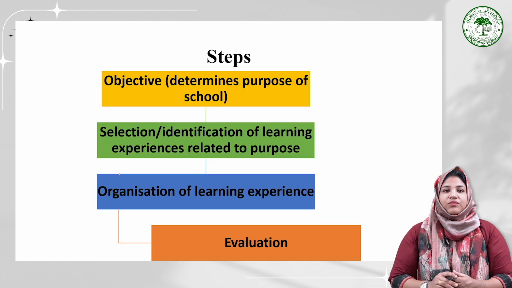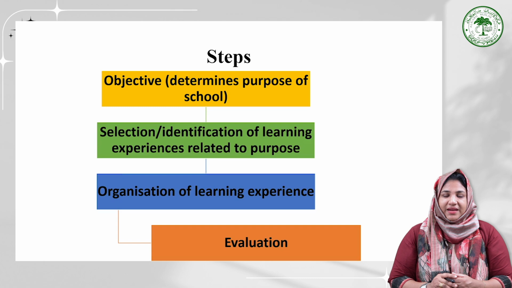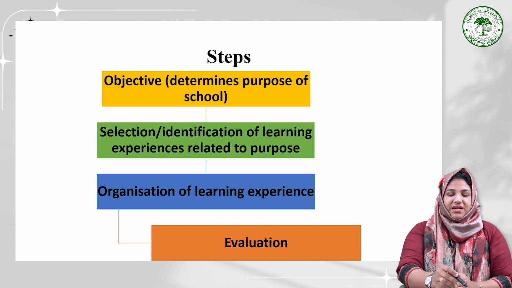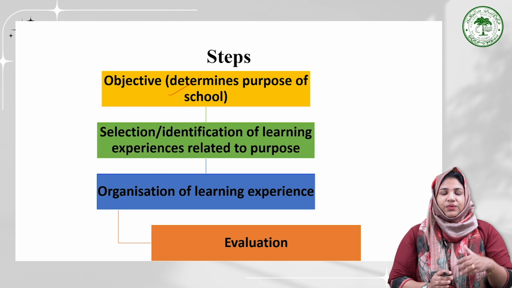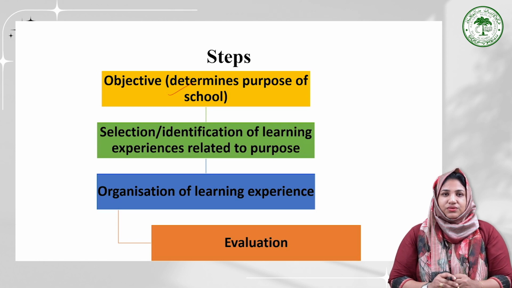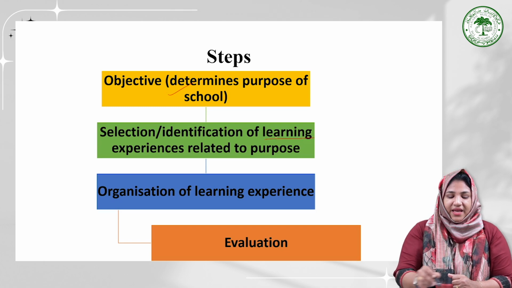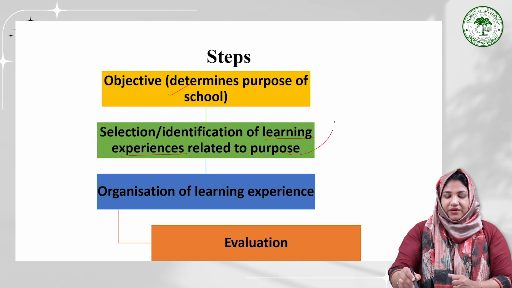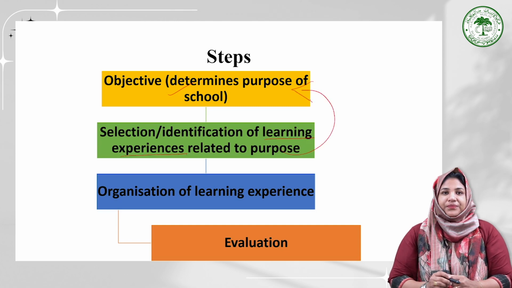And also, while moving on to the steps of the Taylor model, the first step is, as I already told you, one of the features of the Taylor model is that it gives much focus on the objectives. So the first step is the objectives, that means determining the purpose, why you are educating the students. The second step is the selection or identification of learning experiences, and it should be related to the purpose.